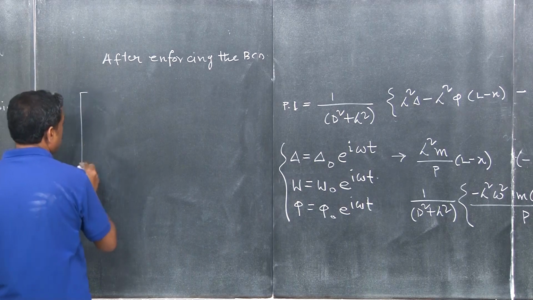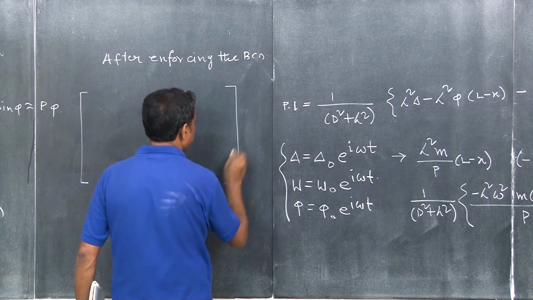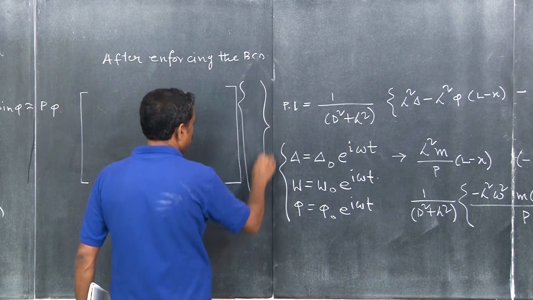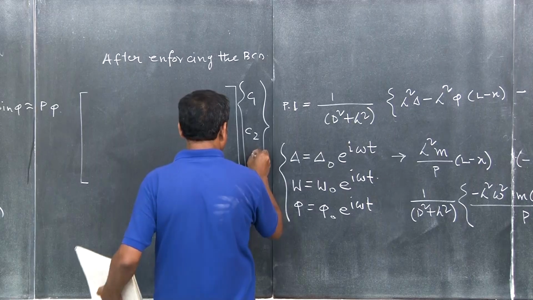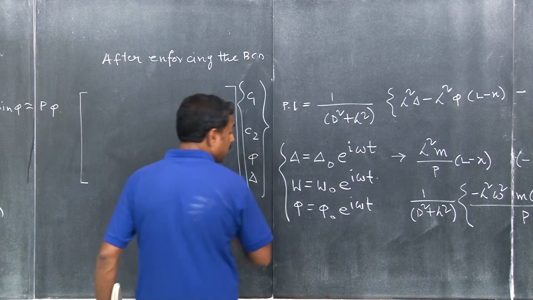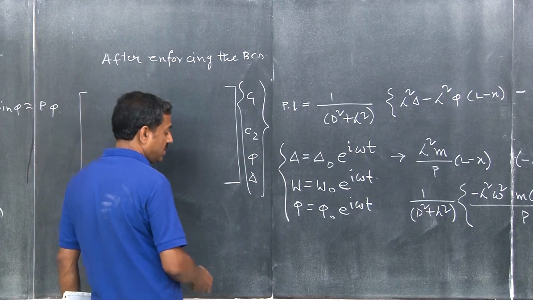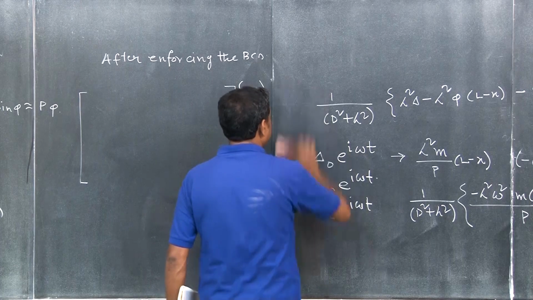Okay, C1, C2 and delta and phi, right? Phi and delta, in this form, right? And all the homogeneous boundary conditions, right?